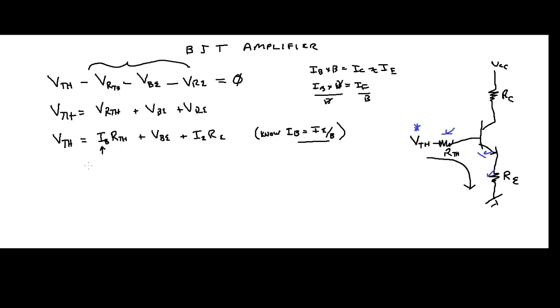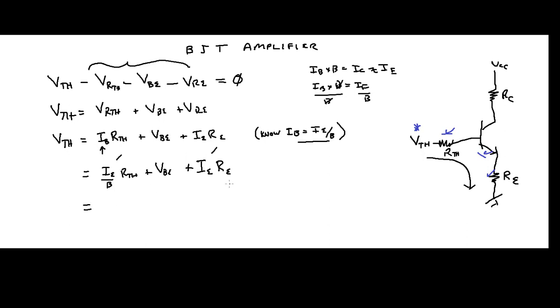So let's make that substitution, right? If we just substitute it, we have what? IE divided by beta times RTH plus VBE plus IE RE. Okay, get it? So what do we know? These two terms, this term and this term, both have IE in it, right? So let's just get those together.